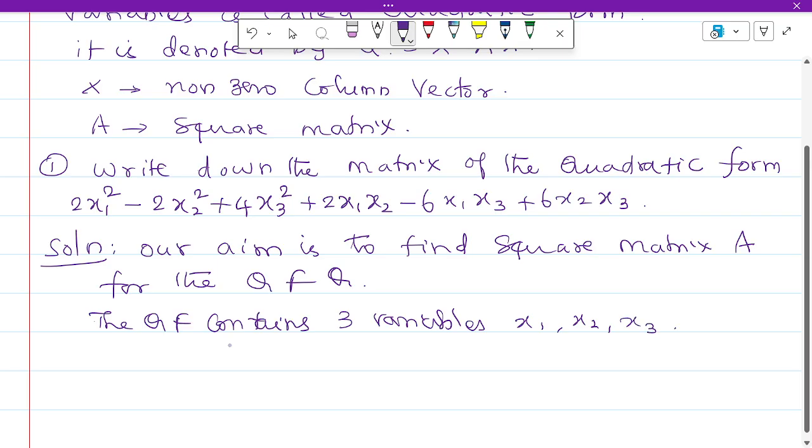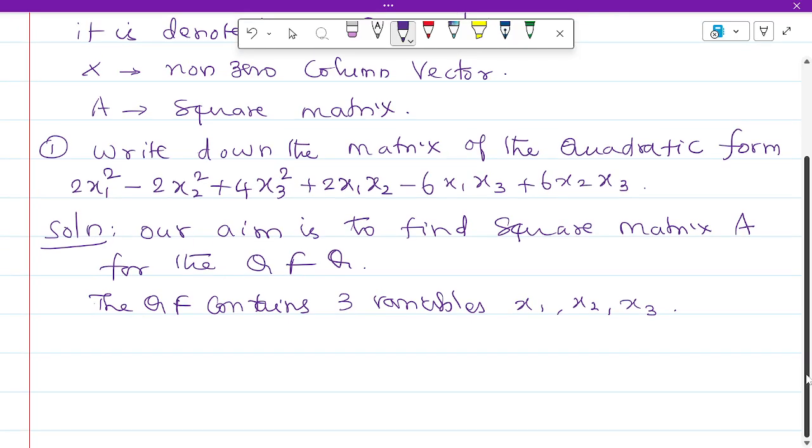Okay. So in case only 2 variables x1, x2 are there, you will get the 2 by 2 matrix. In case 3 variables are there, you will get the 3 by 3 matrix.